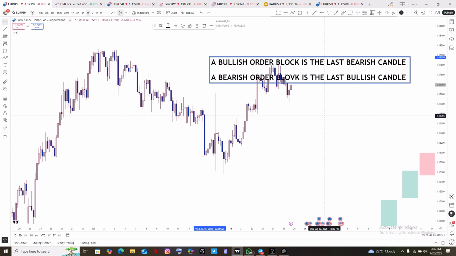A bullish order block is the last bearish candle before a down move, while a bearish order block is the last bullish candle before an up move.